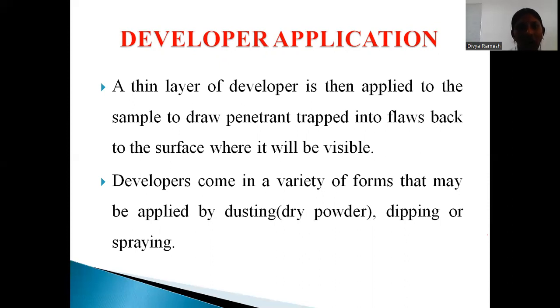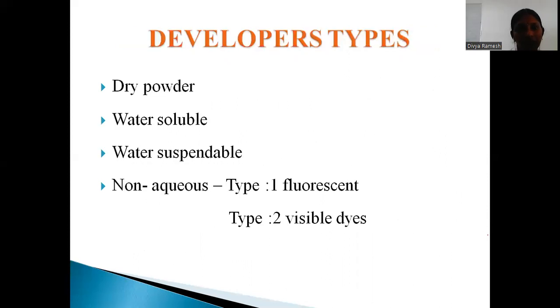The developer normally comes as a dry powder or a spray, or you dip the specimen into a liquid in a box. It may be in any form. You use the developer in order to make the crack visible.